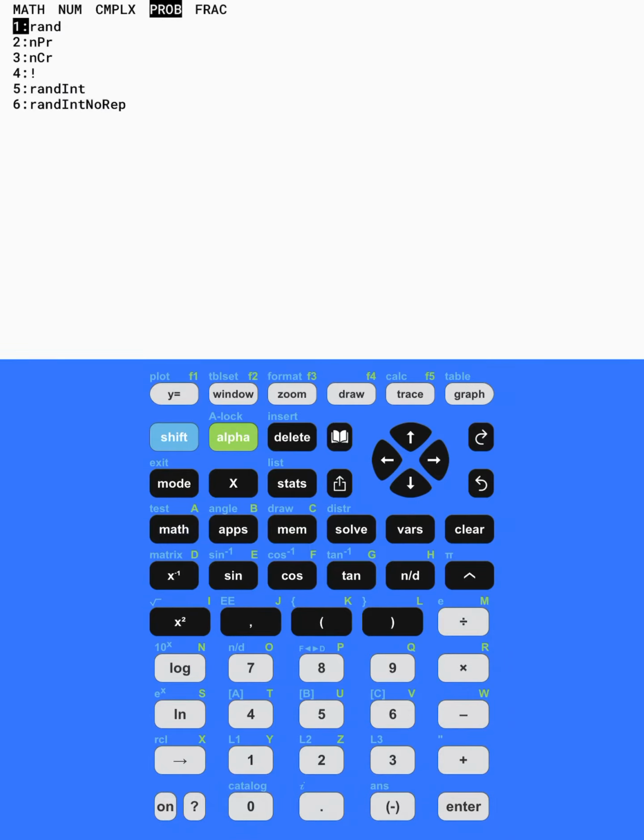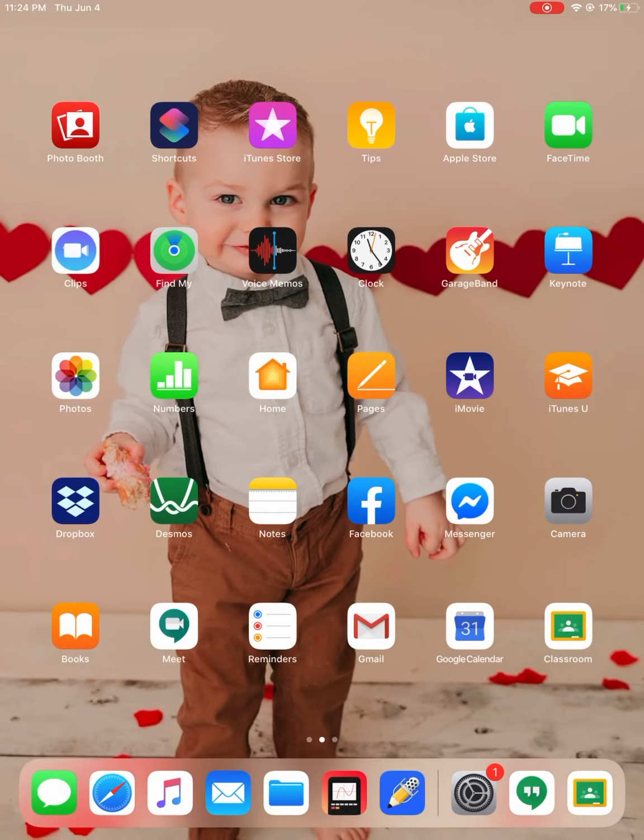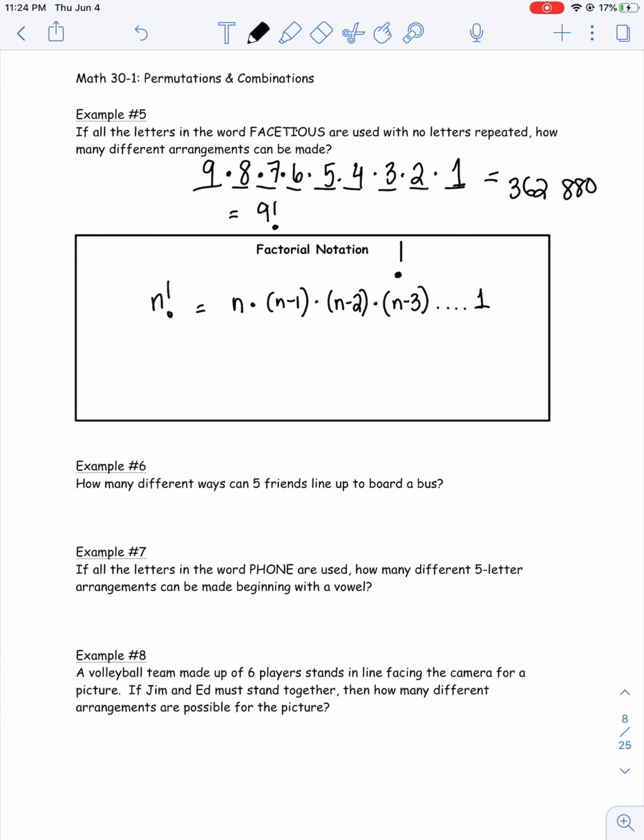You're going to go to the right until it says probability, and then you're going to press the exclamation mark. So if you press that and press enter, you're going to get 362,880. That's a way faster way than putting in your calculator 9 times 8 times 7 times 6 times 5 times 4 times 3 times 2 times 1. So it saves you time.